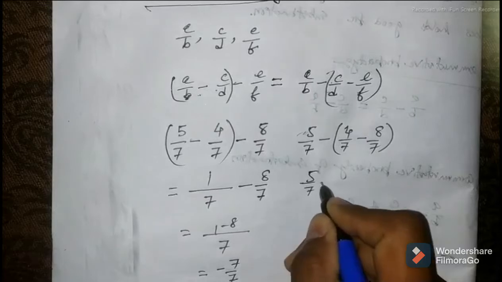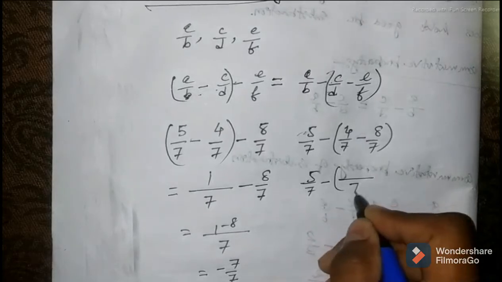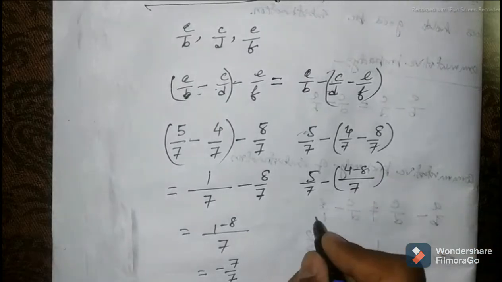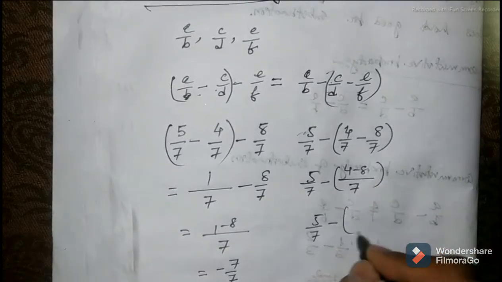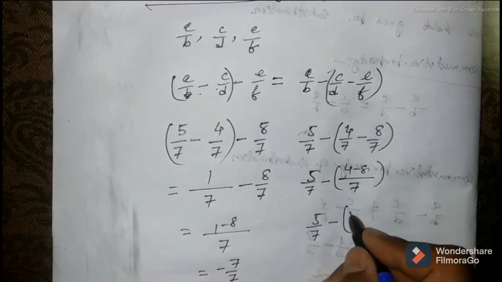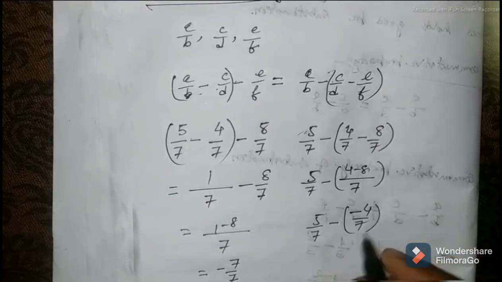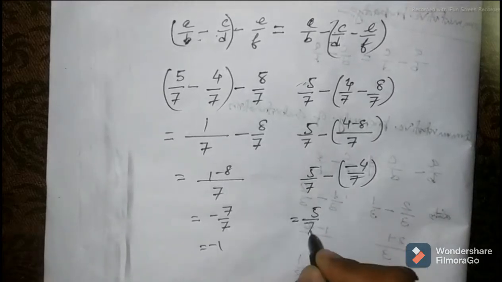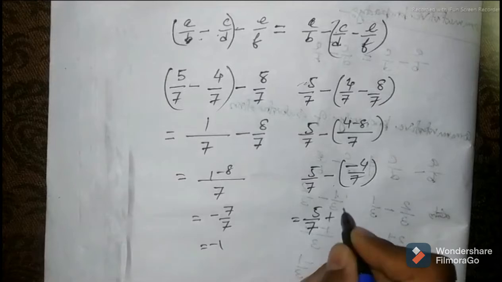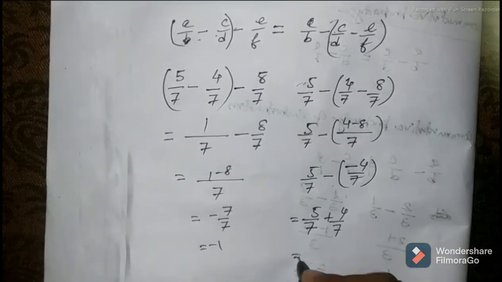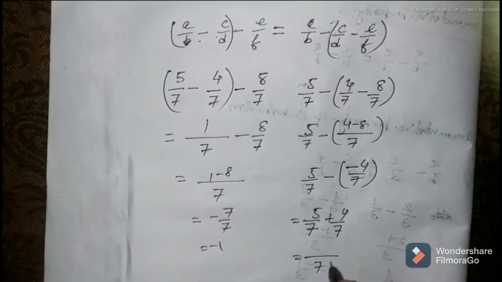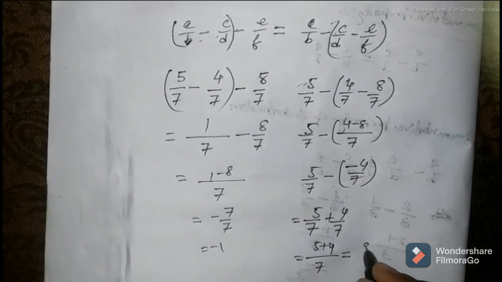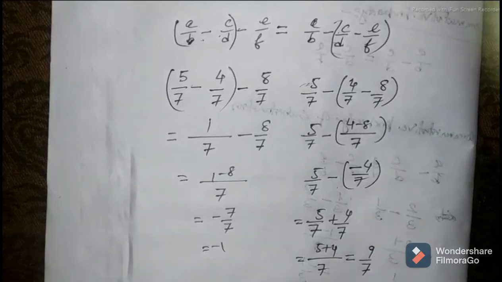Here 5 by 7 minus 4 by 7, we are getting 4 minus 8, which is minus 4 by 7. So 5 by 7 plus 4 by 7 is 5 plus 4, equal to 9 by 7.